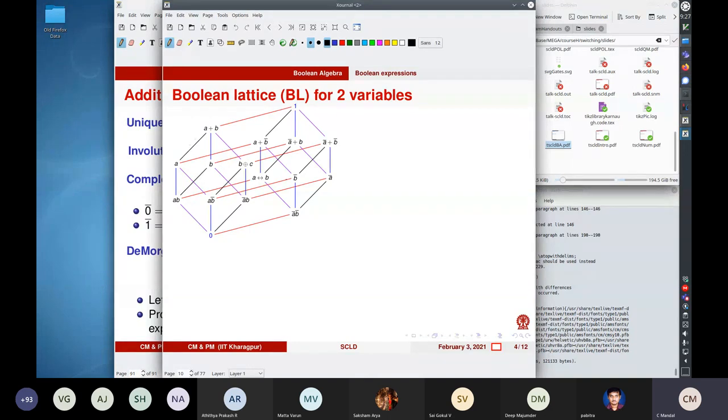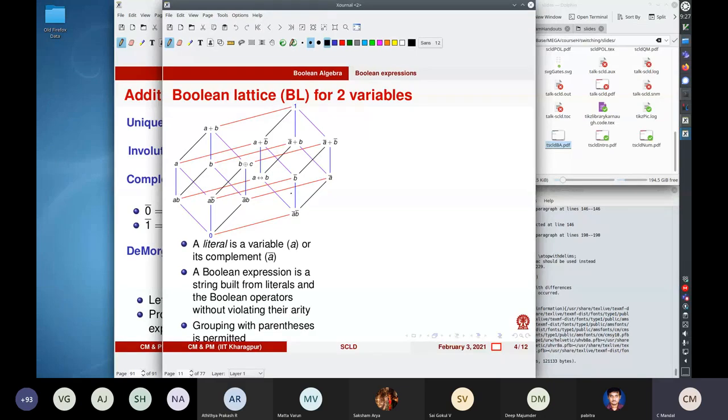All right, and these base properties are called literals. When you write a Boolean algebraic expression, this is called a literal. So literal means you satisfy a property A or you don't satisfy a property A. And so a Boolean expression is a string built from literals and the Boolean operators without violating their arity.